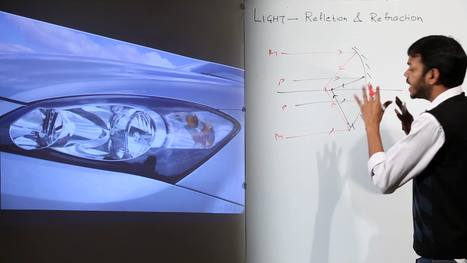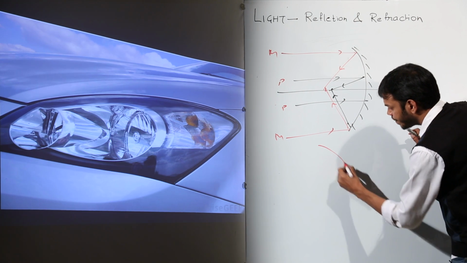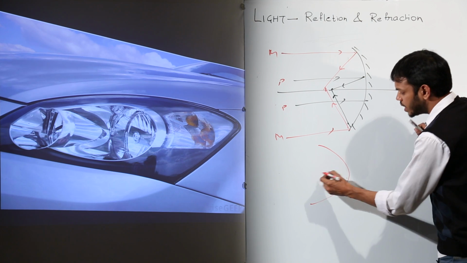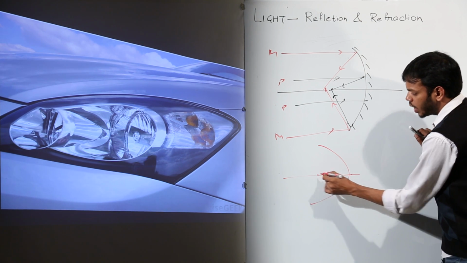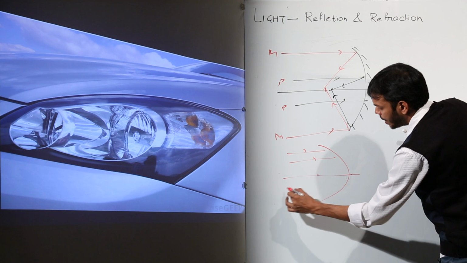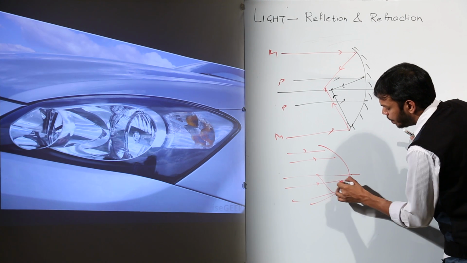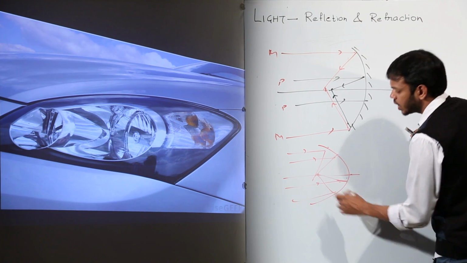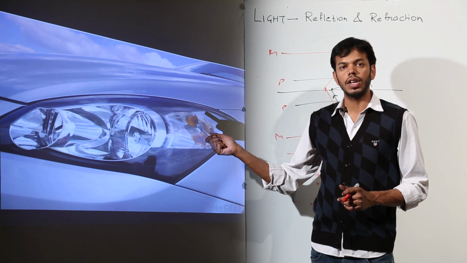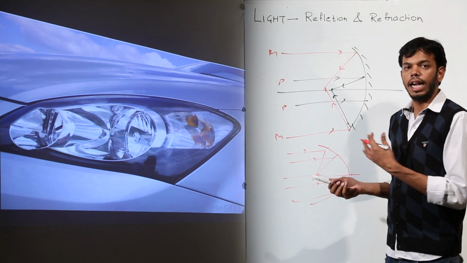This defect is not present in the case of a parabola, because in a parabola, whatever light is coming parallel will all meet at the perfect focus. So instead of taking a concave mirror, if we take a parabolic mirror, it will do the job.